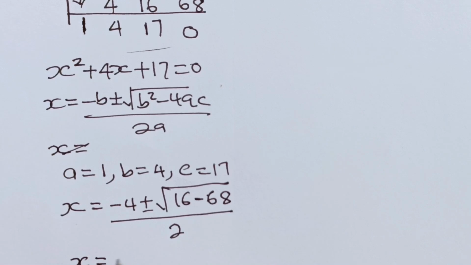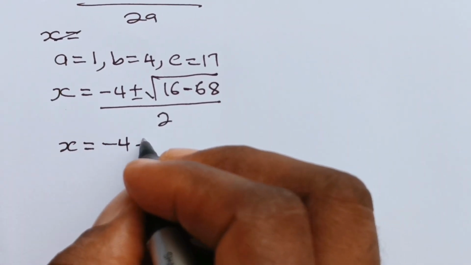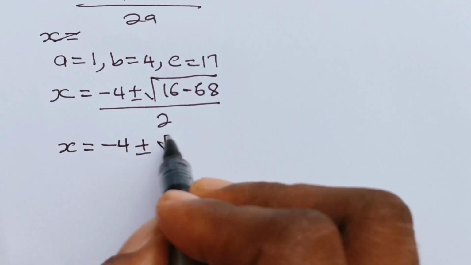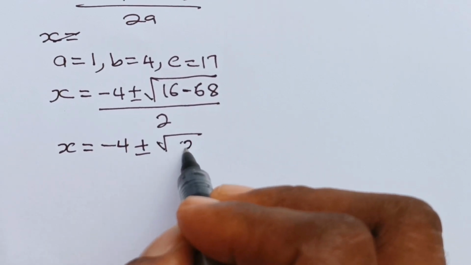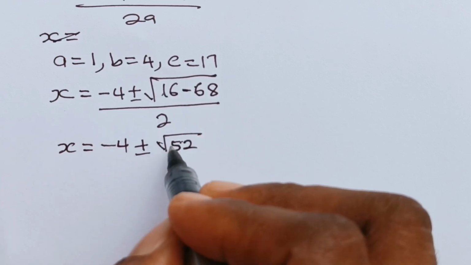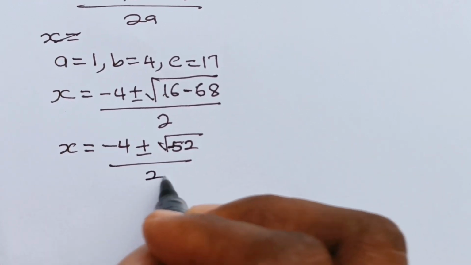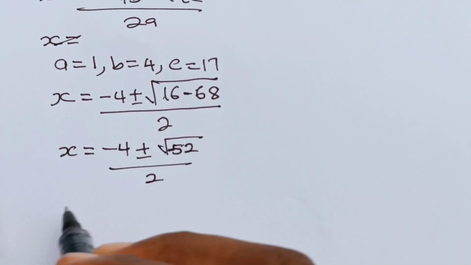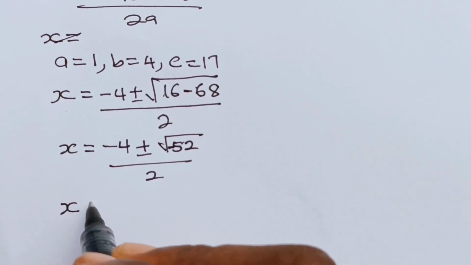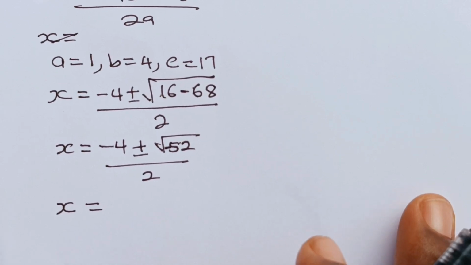We have that x is equal to minus 4, plus or minus the square root of, when this subtracts this you have 2, when this subtracts this you have 5. Now we are subtracting from a smaller number, so the answer is negative. So we have minus 52 divided by 2.